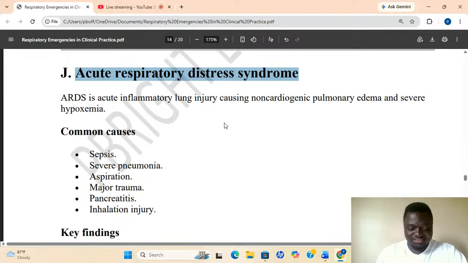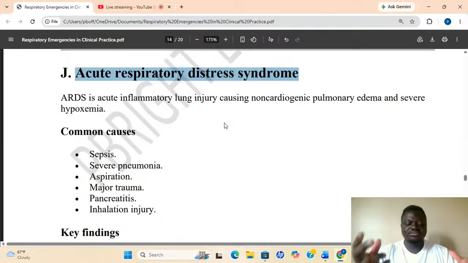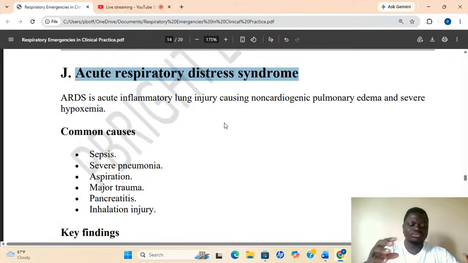So as the problems of the respiratory system keep compounding, let's say somebody has pneumonia. Today they take treatment, halfway they stop. The infection will come again. This is an acute inflammatory lung injury state of the respiratory system.